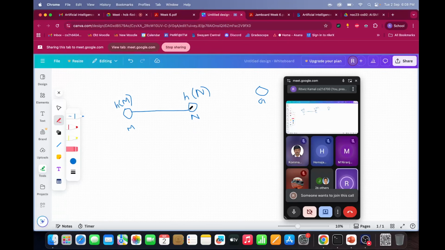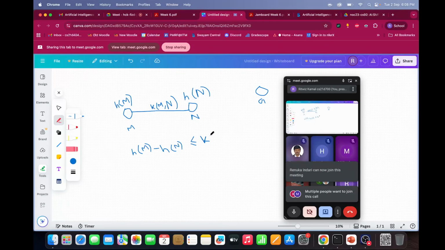Let's say that the actual cost of going from m to n is denoted by k(m, n). What the monotone condition says is that the heuristic function of m minus the heuristic function of n should be less than or equal to the actual cost of going from m to n. This is the monotone condition.